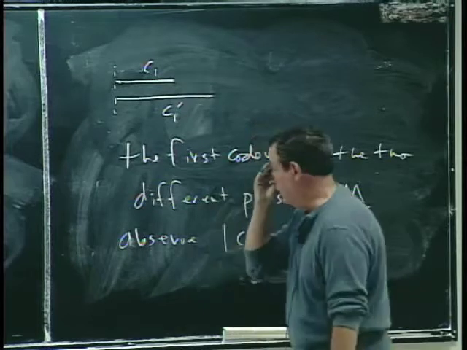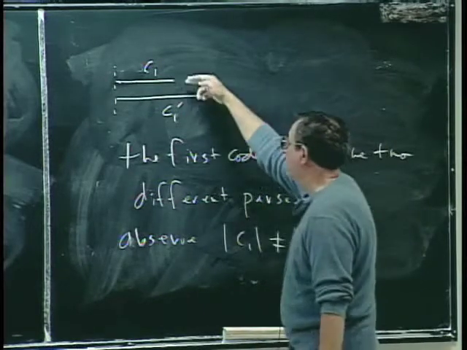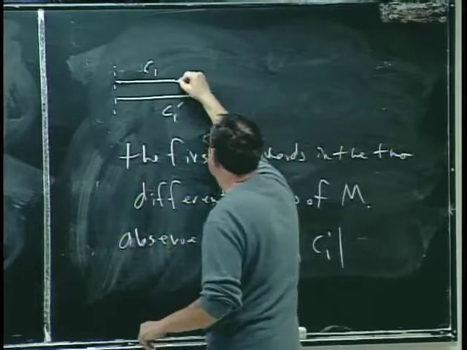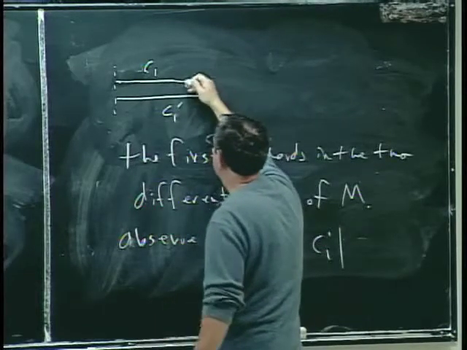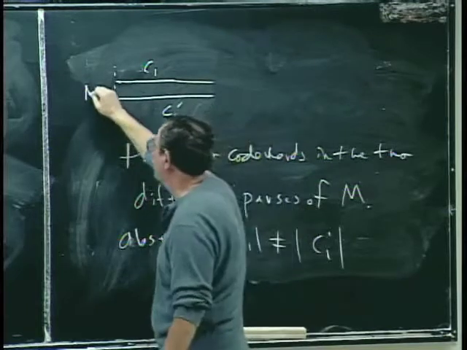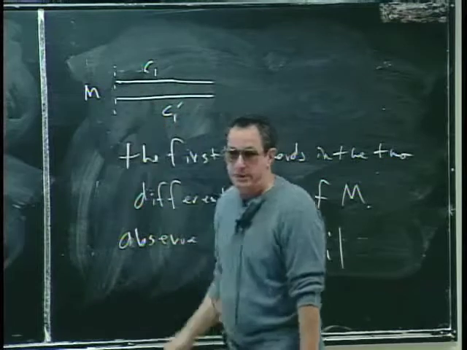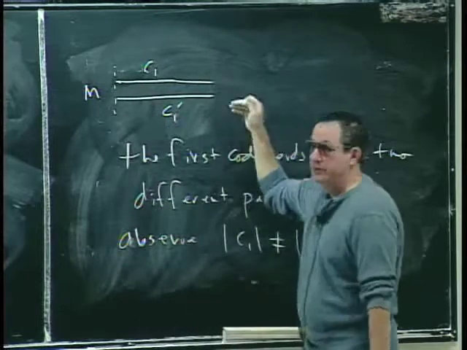Let me say this again. If these were both the same length, we know that they're both equal to the beginning of M, so they're equal to each other.